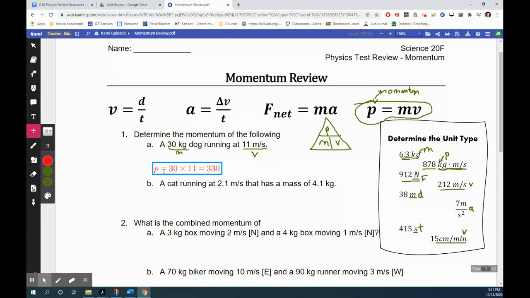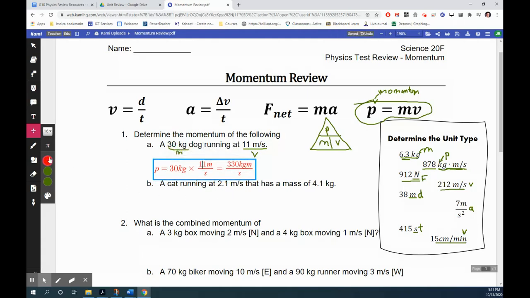What are the units? We already did this, kilogram meters per second. 30 is kilograms, and 11 is meters per second, and so you put them together and you get kilogram meters per second. Okay, so there we go.